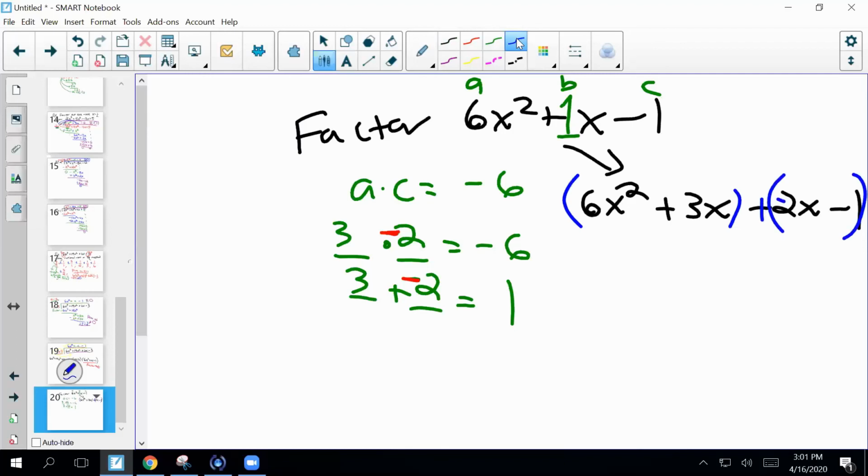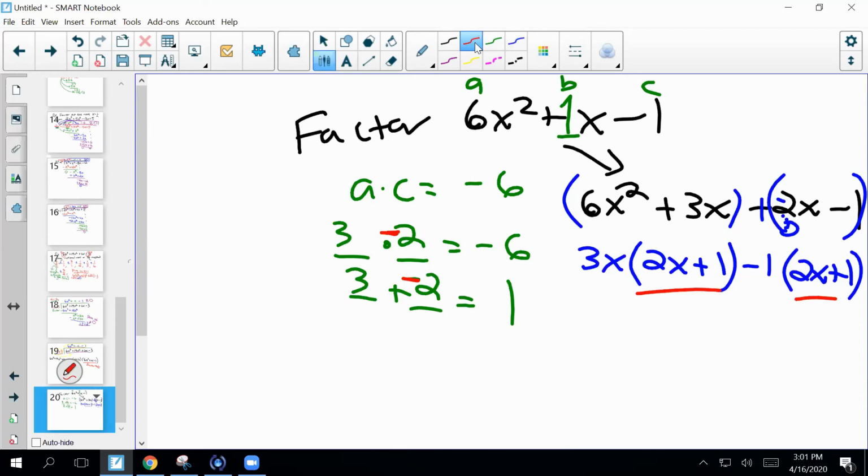So I'm going to pull out a 3x. I apologize, I'm going pretty fast here if this is new to you. Here there's not a lot to pull out, but because it's negative, I'm going to pull out just a -1. I'm going to get 2x plus 1. And here, if you remember, is where you do the happy dance because those match. You pull out the 2x plus 1, and you're left with 3x minus 1.